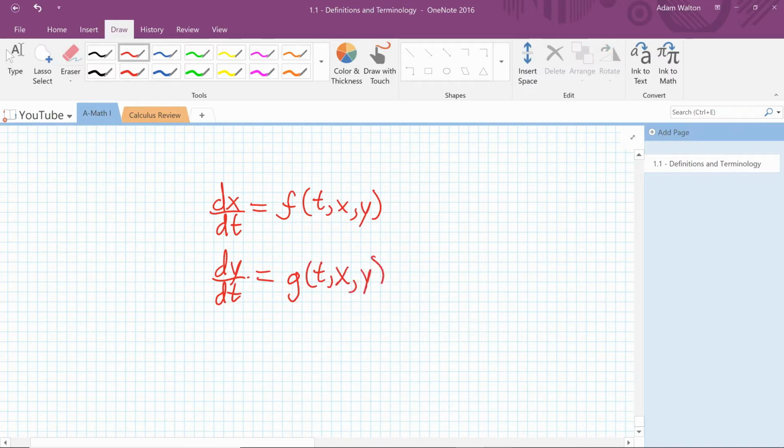It's still a function of t, x, and y. That would be a system of differential equations.